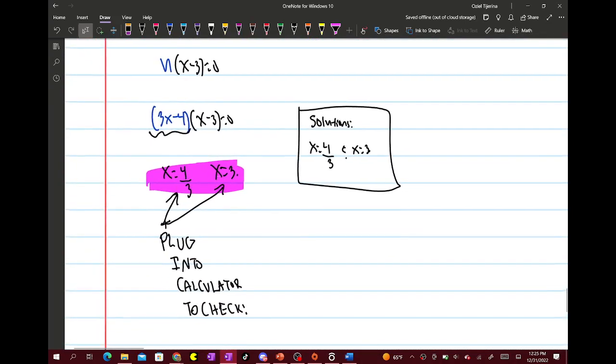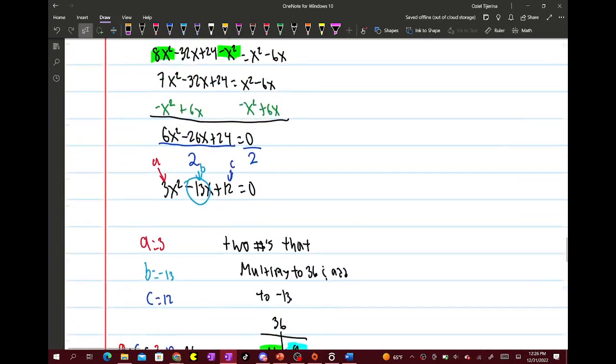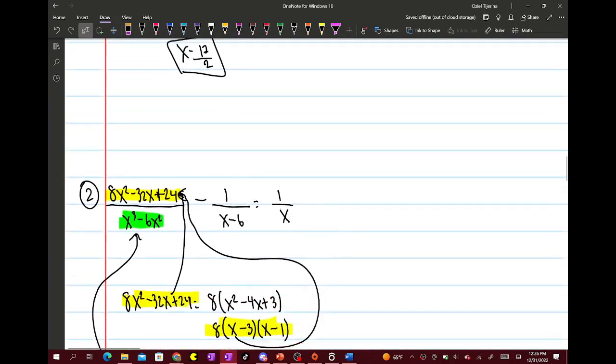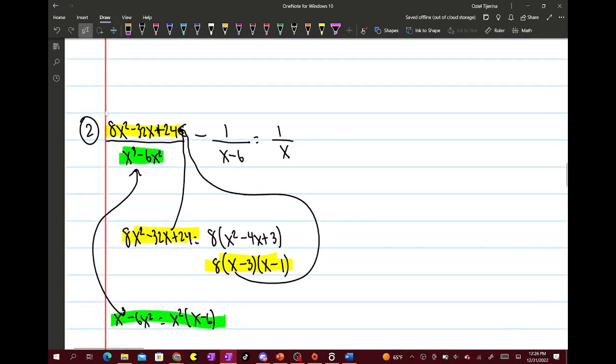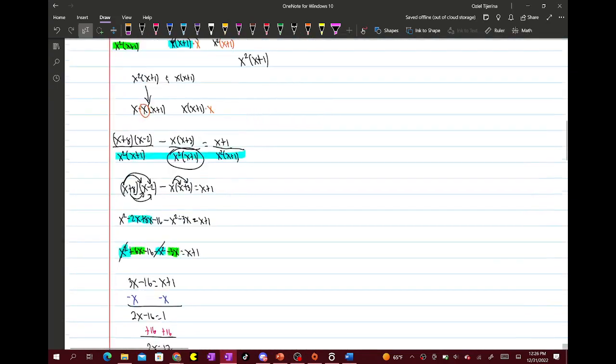But if they do say to check it, make sure to put it into the calculator and literally plug in your x value for the left side and for the right side. So that is how you do these two problems, guys.